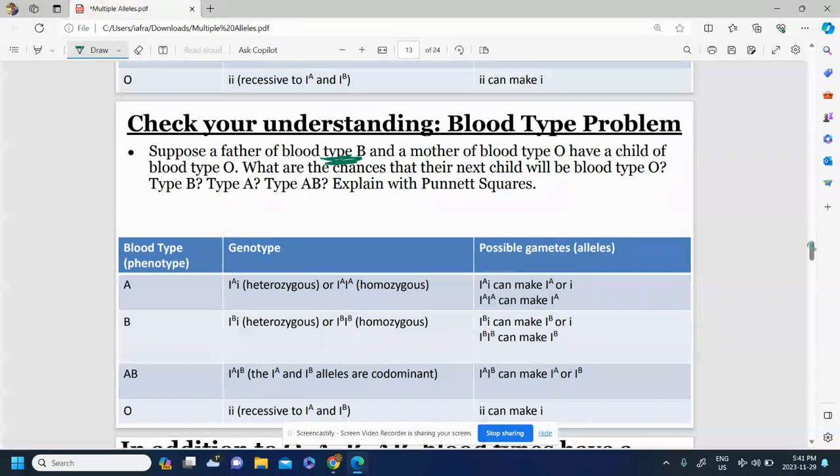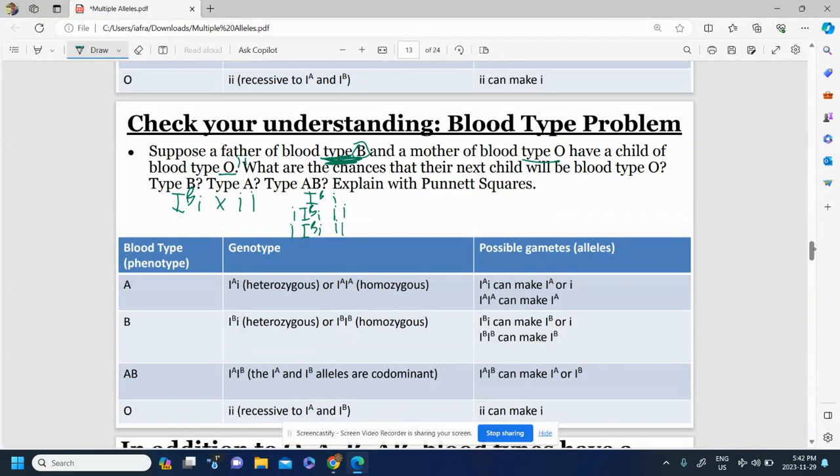They had a child who's blood type O. The only way for this parent to make blood type O with this parent here is if this parent has little i as well to donate, because this is little i, so both parents must have that. So we know this parent is IBi crossed with little i, little i. So we'll do that Punnett square, IBi, little i, and we'll get IBi, IBi, little i, little i, little i, little i.